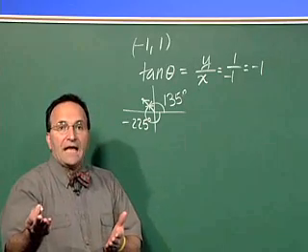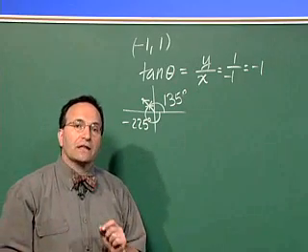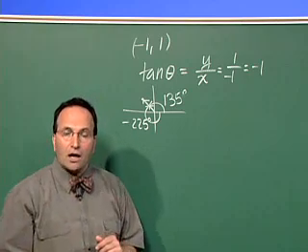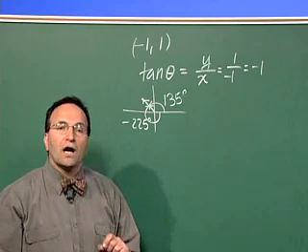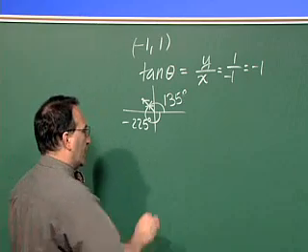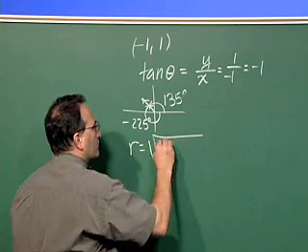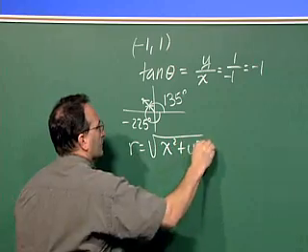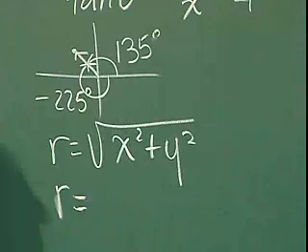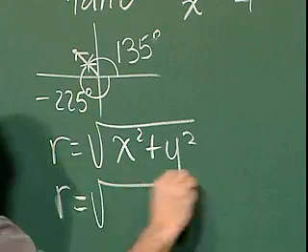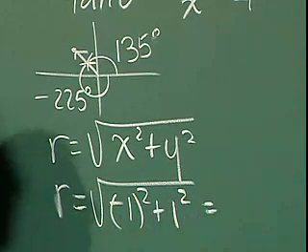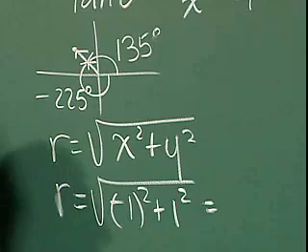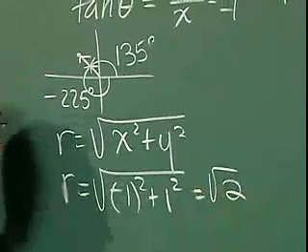Well, that's good for the angles. Now we have to calculate R. Well, remember, R from our formulas is R equals the square root of x squared plus y squared. So in this case, R is equal to the square root of -1 squared plus 1 squared, which is 1 plus 1, square root of 2.